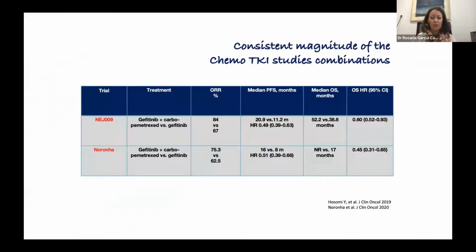Another approach is to use a tyrosine kinase inhibitor plus conventional chemotherapy. And we have two very nice trials showing that this approach can be very useful in terms of progression-free survival, but especially in terms of overall survival. I think this is something that, of course, is being investigated.